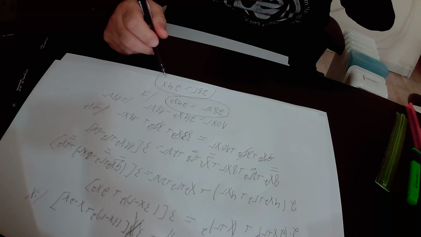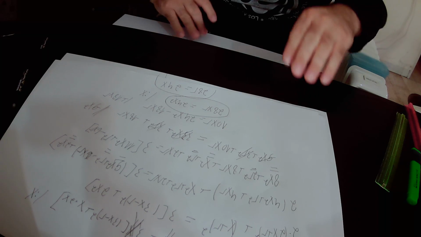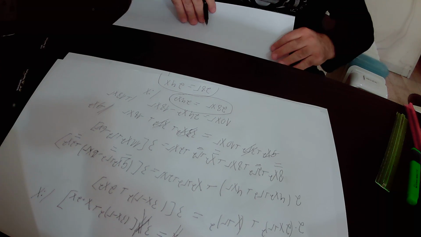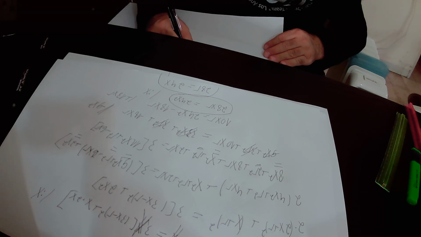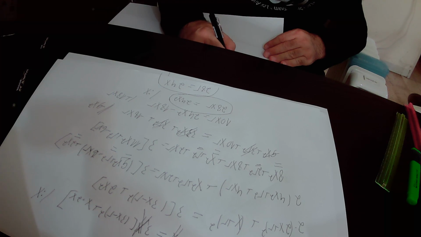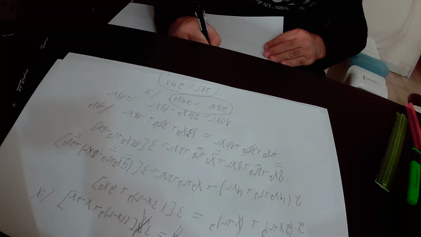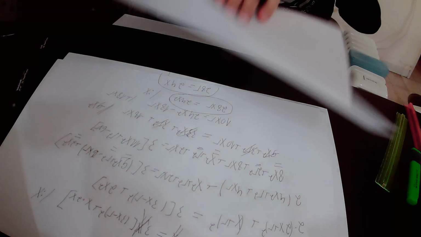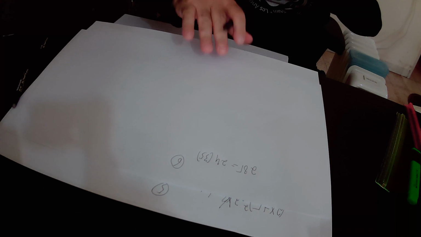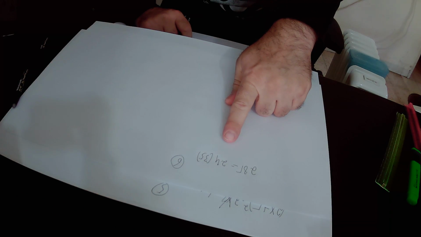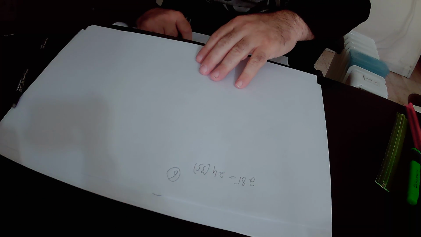So we substitute x by 35, and we'll get that 28r equals 24 times 35.